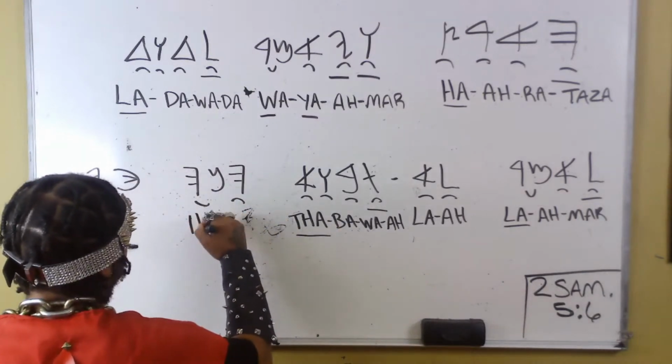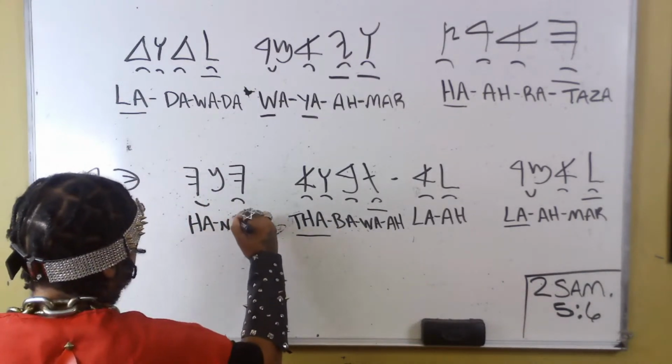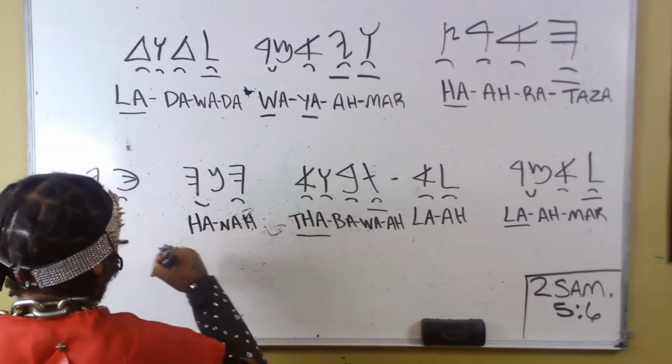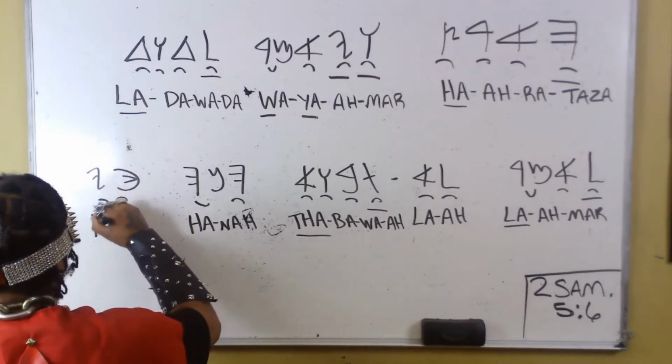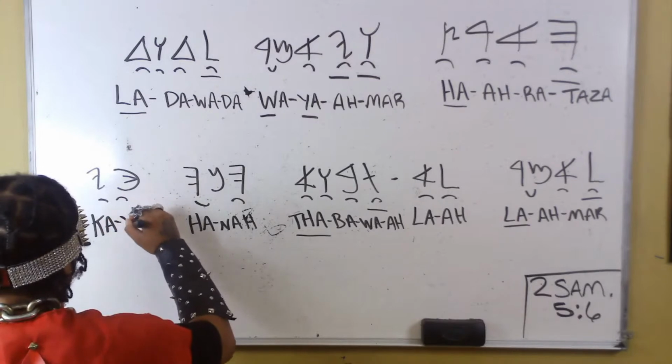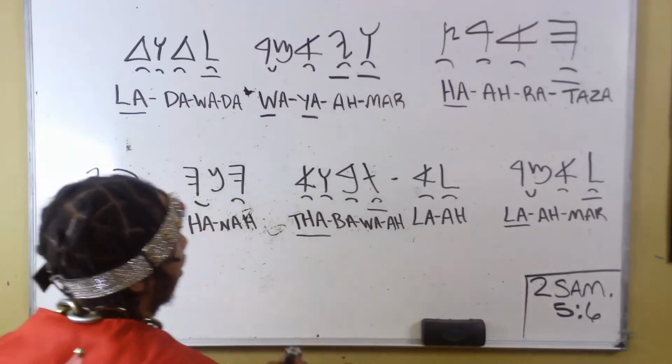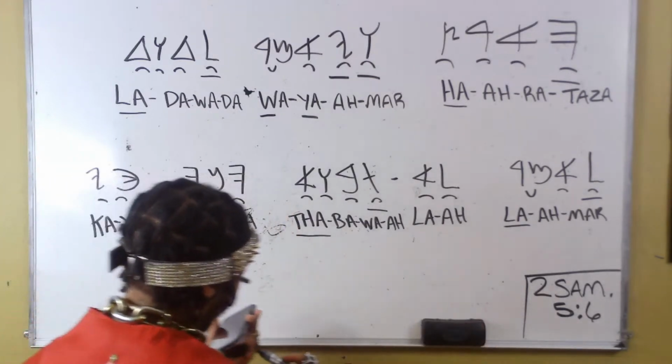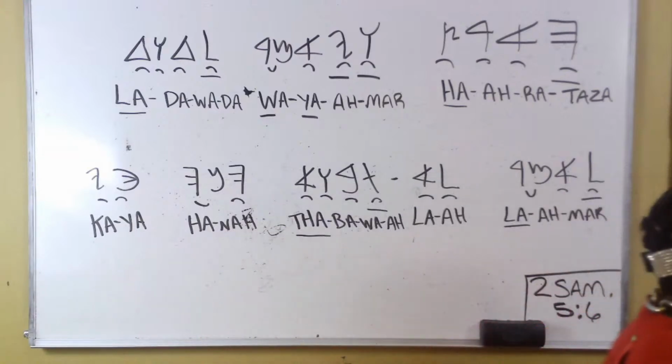Hana. All right. And Kaya. Now, as y'all see, I already marked off all the connectors. I already underlined all the connectors, all the connecting letters.